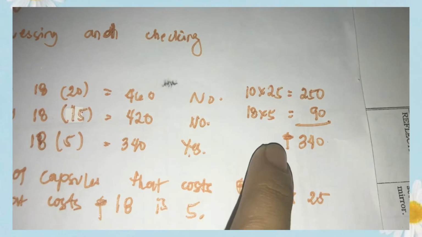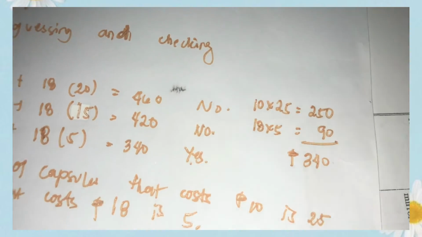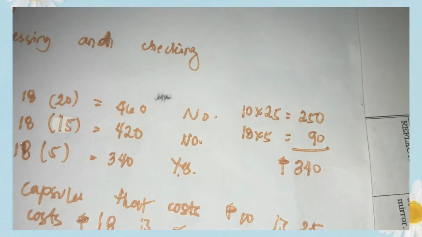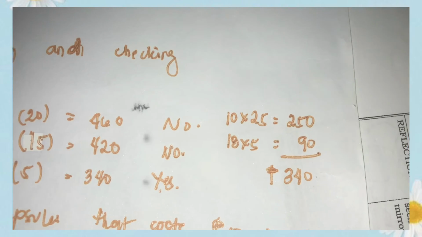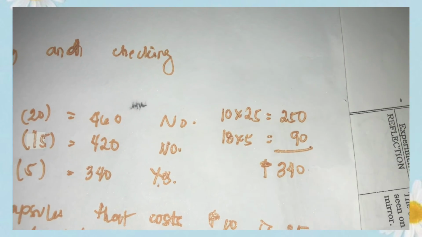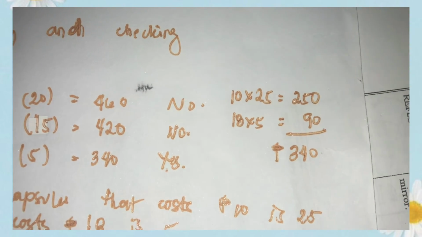That's why we can assume that the process I've just made is correct, and that is the total amount of capsules that she needs to buy to fit her money. And there you go.